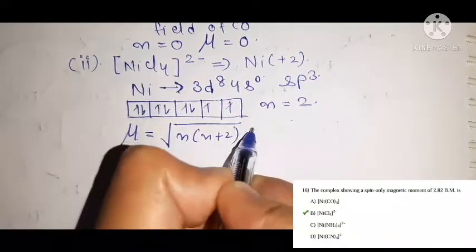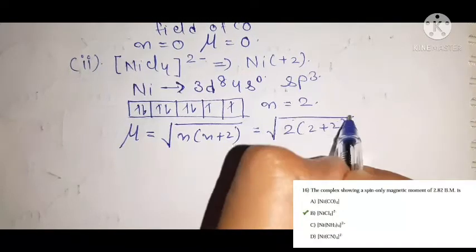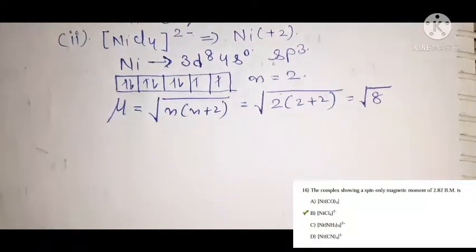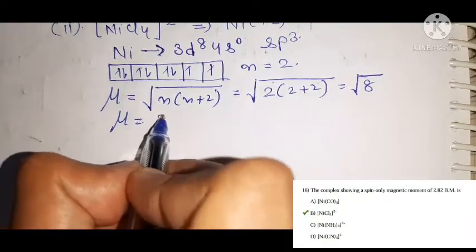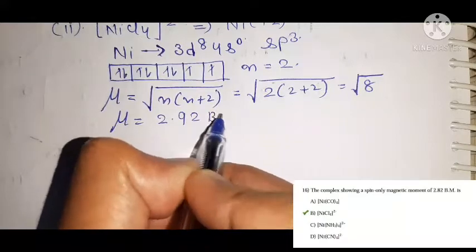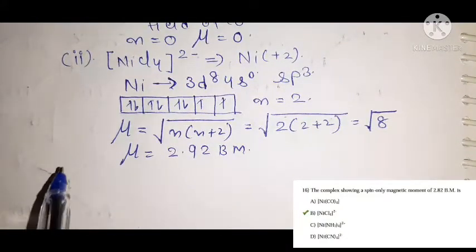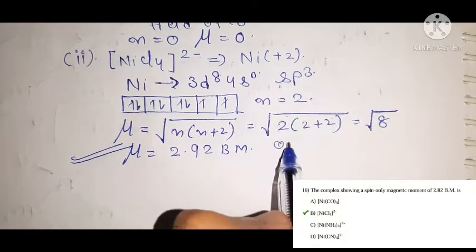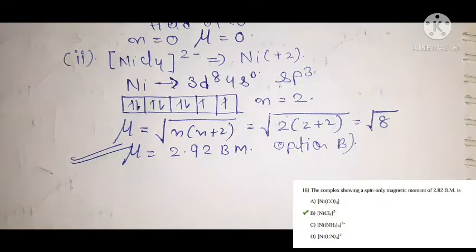So here n is 2, so under root 2 into 2+2, that is 4. So 4 into 2 is under root 8, and under root 8 means the value of mu is approximately 2.82 Bohr magneton. So this complex shows 2.82 Bohr magneton, which is your option B. So option B is the correct answer for this question.